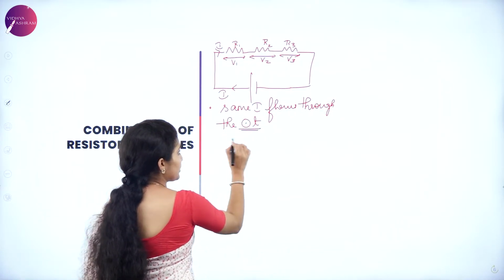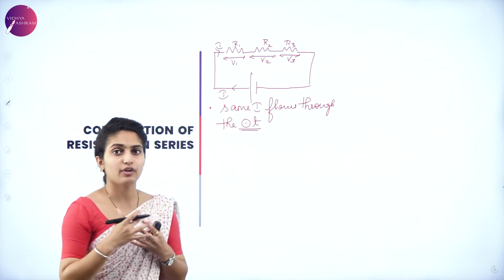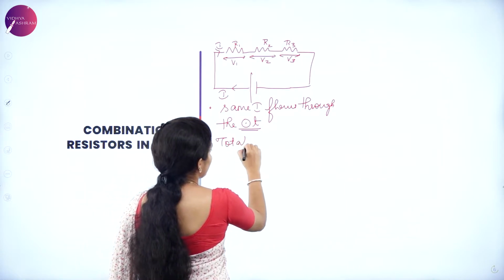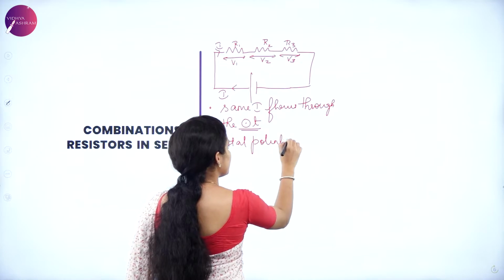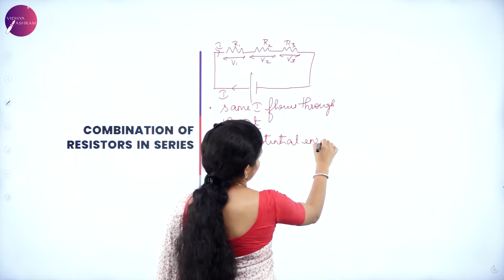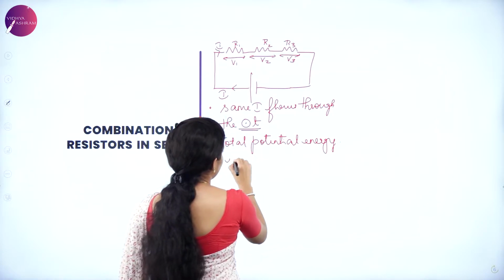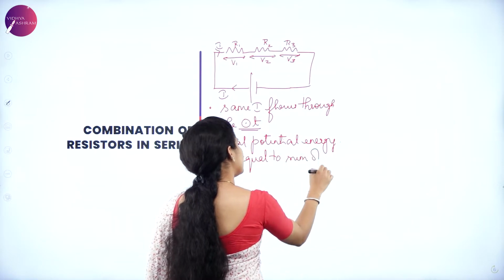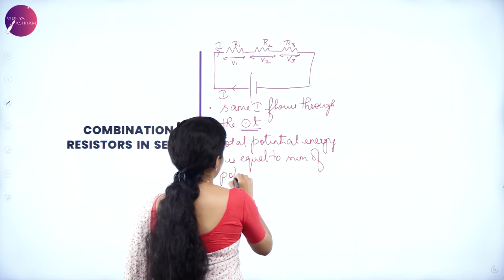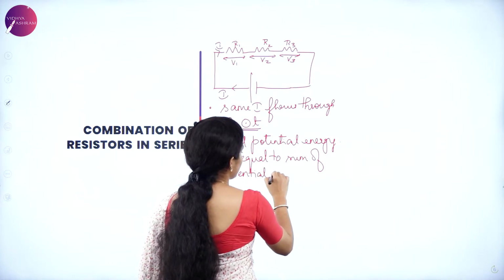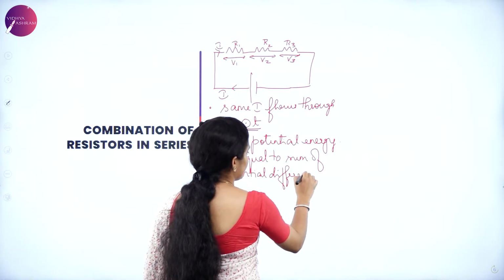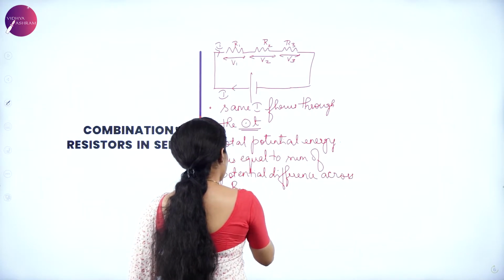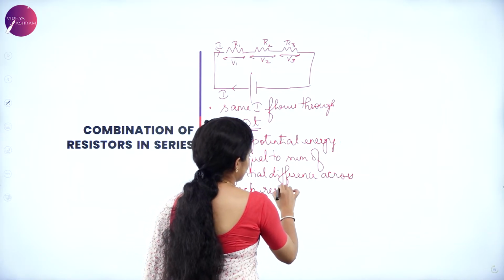This is a circuit. Okay, this is the symbol of a circuit, how we write it. Okay, next is the total potential energy is equal to the sum of potential difference across each resistor.